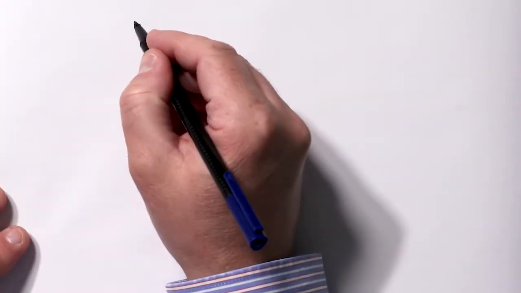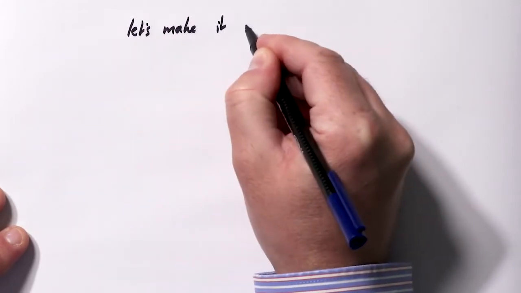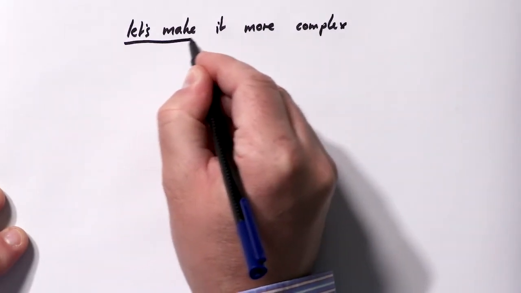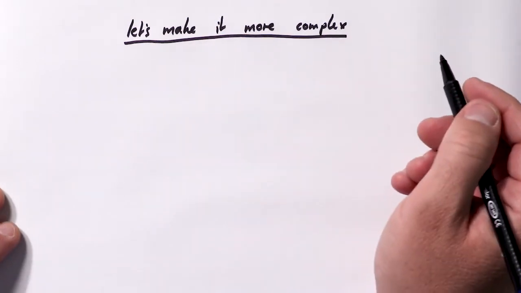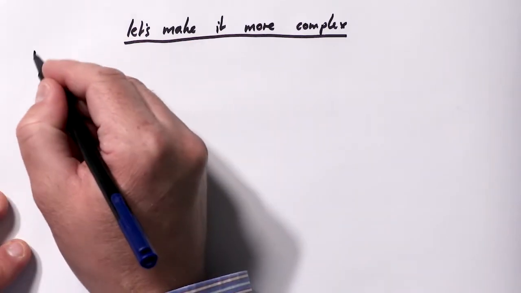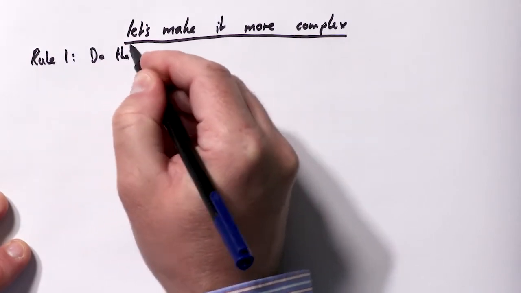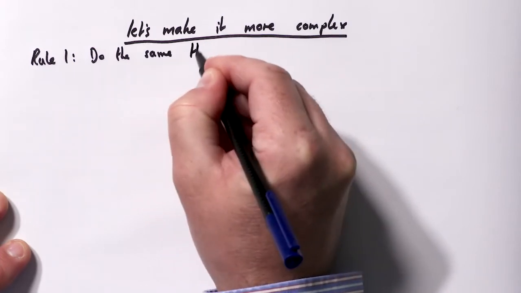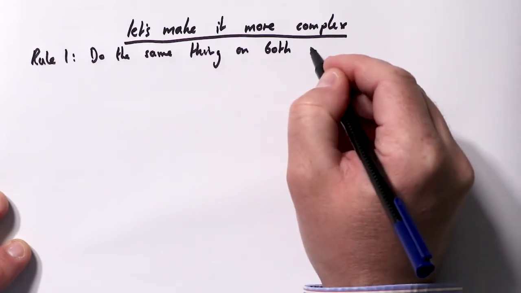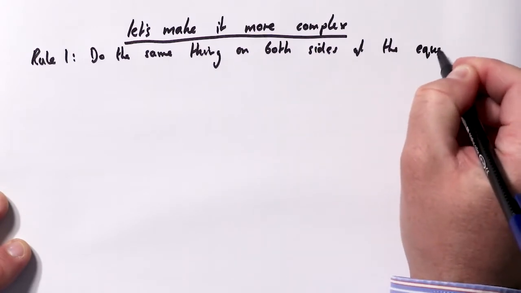So, now, let's make it more complex. Now I'm going to stick to the same rules because the same two rules apply. Rule 1, do the same thing on both sides of the equal sign.